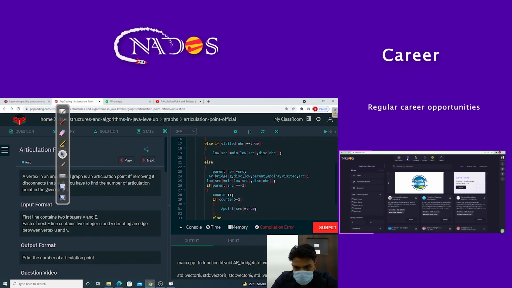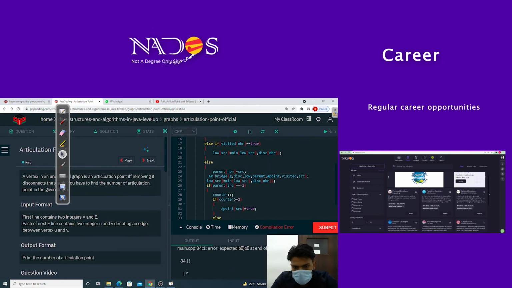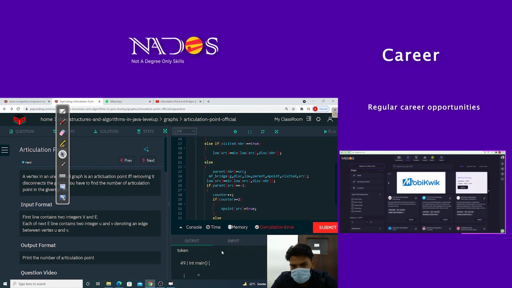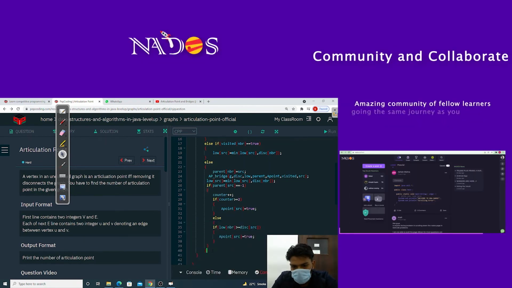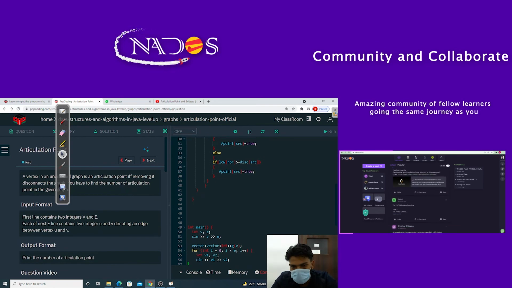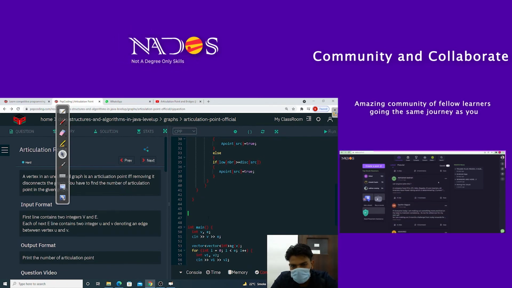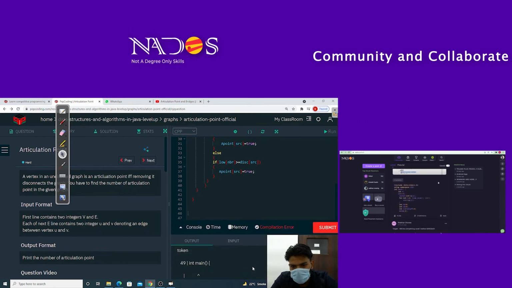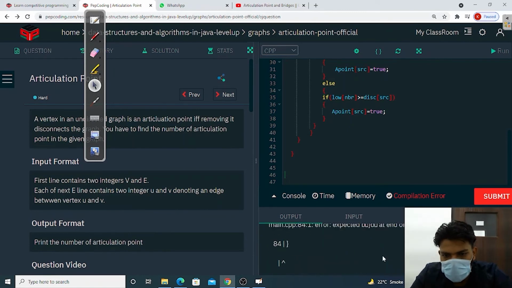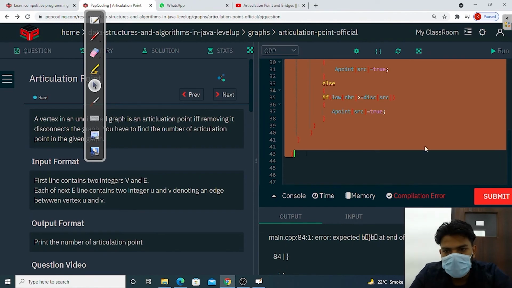And we're getting an error. I think we are getting error at line 49. Why am I getting an error? Errors expected at the end of output. What does that mean?